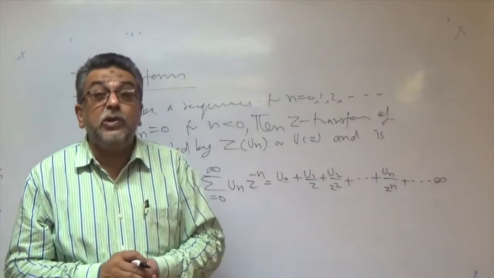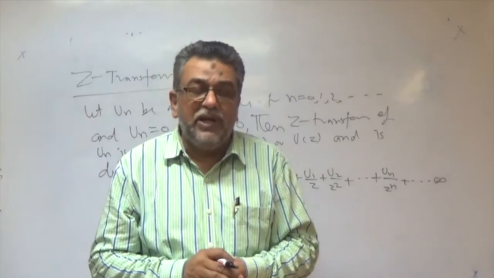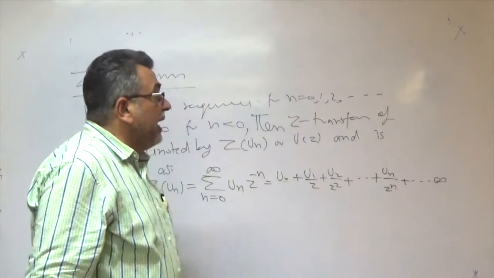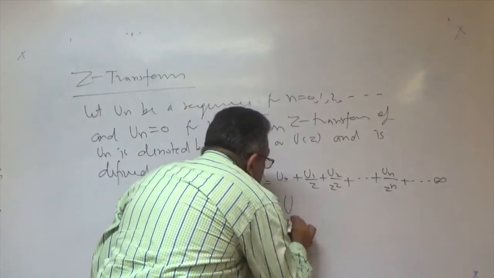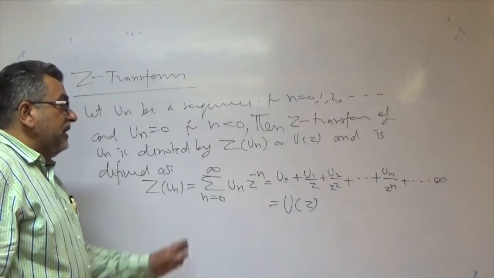Complex numbers: z equal to x plus iy, or z equal to r cos theta plus i sin theta, and simply z equal to r e to the power i theta. So the right hand side is a function of z, so it is also denoted by capital U of z. This is the Z transform. This is a series.